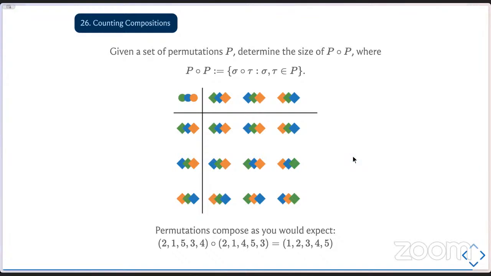So of course, I said in general, this can blow up to size of P times size of P, but it's basically the min of that and n factorial, right? Because I cannot generate more than 6 permutations. And this is an example where it blows up as much as it can.